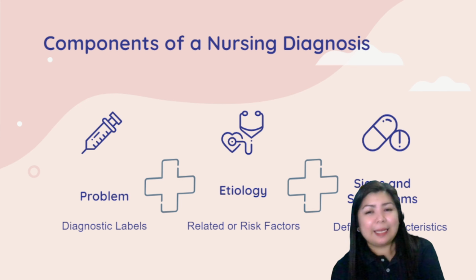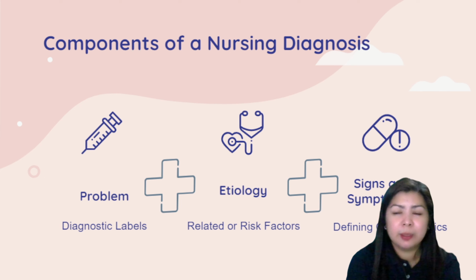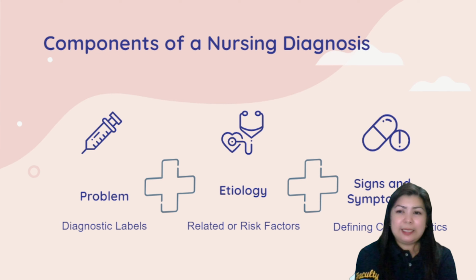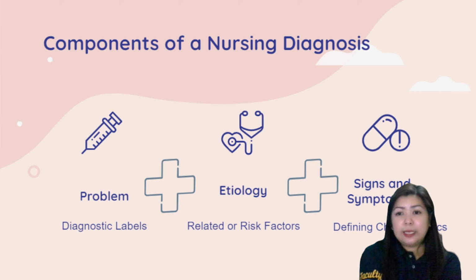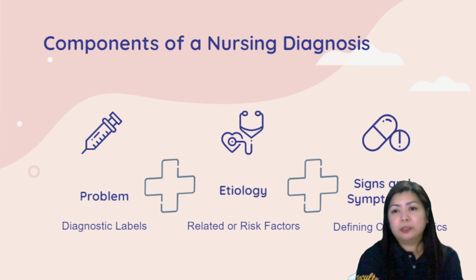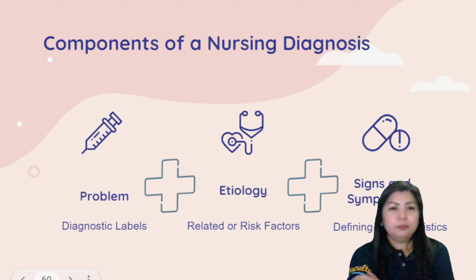Because my client has a triad of signs and symptoms of this particular nursing diagnosis. At the very least, you need to write 3 defining characteristics of this particular diagnostic label.